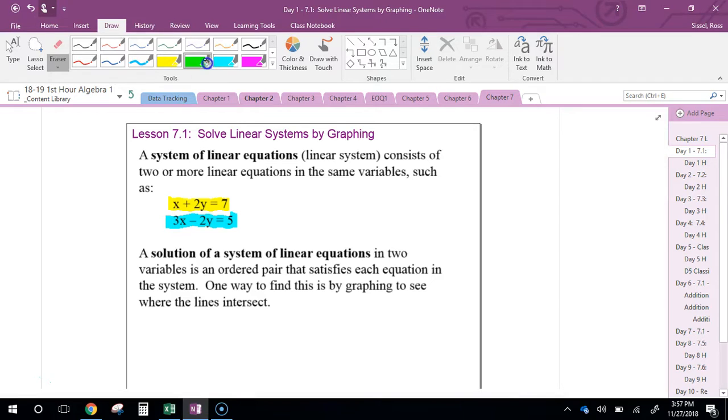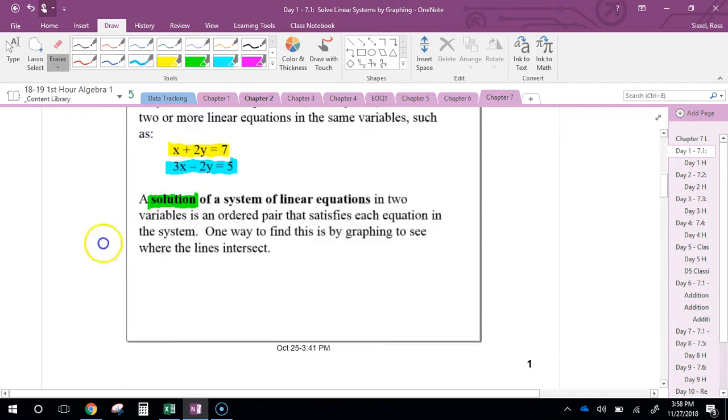What we're looking for now is a solution of the system of linear equations in which that ordered pair would be the answer to both of our linear equations. So what coordinates would solve x and y for both x plus 2y equals 7 and 3x minus 2y equals 5? Okay, the way we're going to work on it today was by graphing.